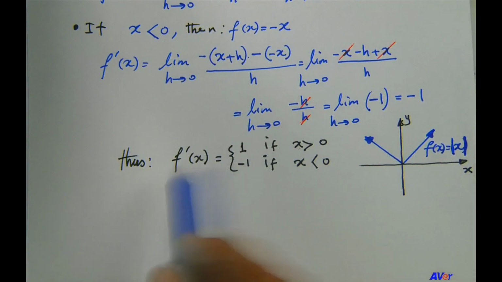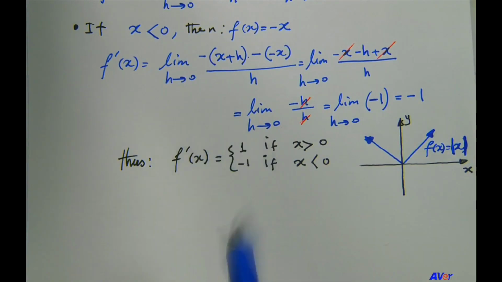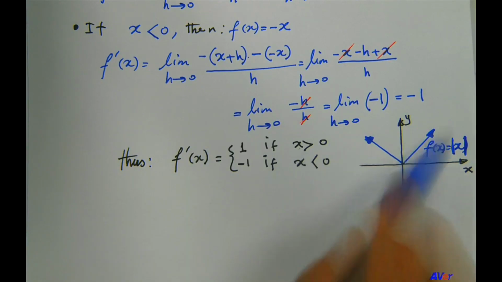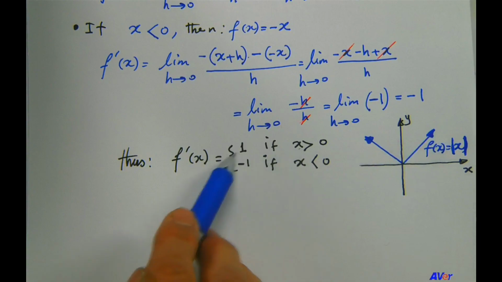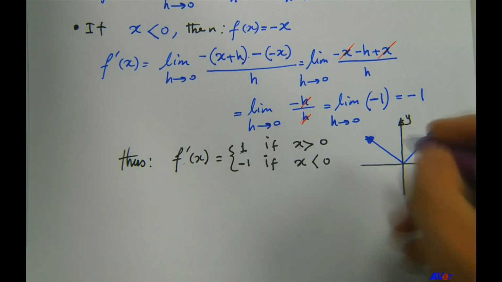So the derivative is the slope of the tangent line to the curve, right? So for x greater than 0, of course, the value of the slope is positive 1, and that makes sense, right?